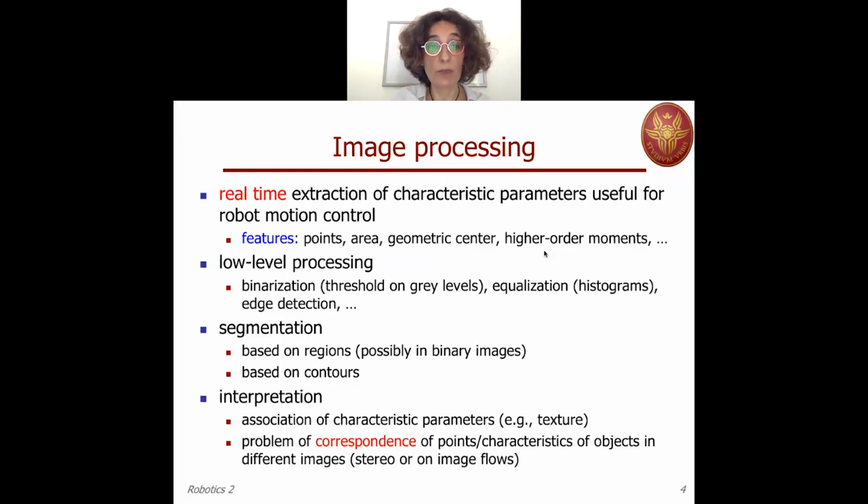And so, for example, associating some characteristic parameters to a group of pixels, to a segment, to a region in the image that we have found with lower level processing procedures, until the problem of finding the correspondences between points and characteristics of objects in different images. Why do we want to find these?